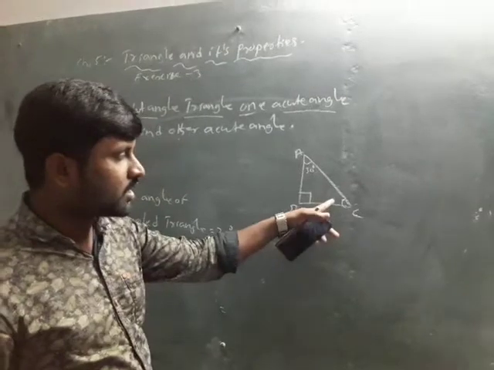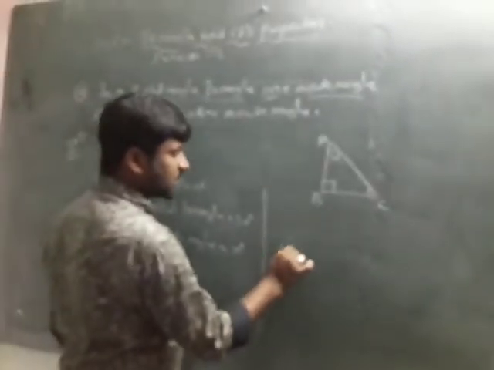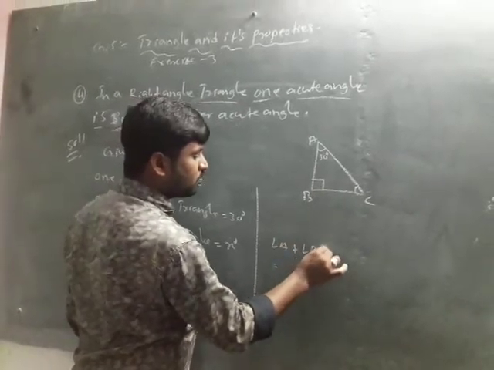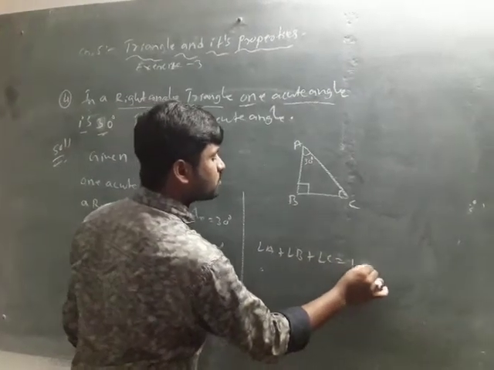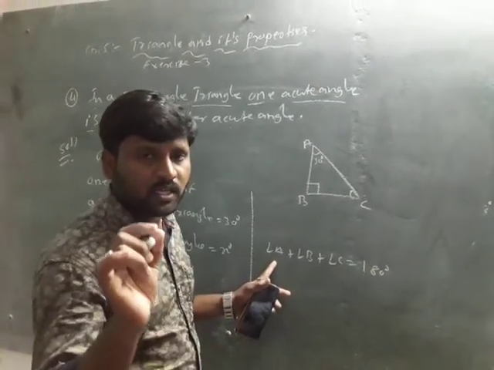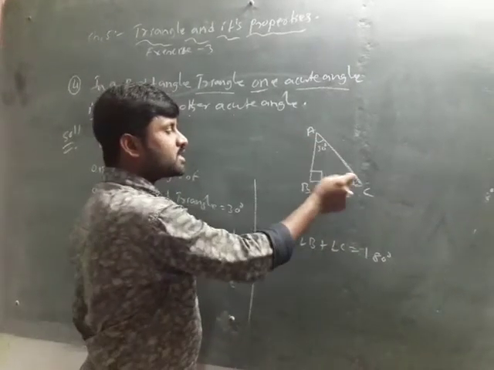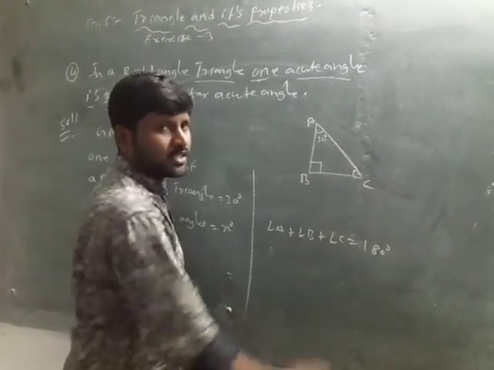Now I want the other acute angle, that is C. Angle A plus angle B plus angle C is equal to 180 degrees because the sum of the angles of a triangle is 180 degrees. That means if we add these 3 angles, it should be equal to 180 degrees.